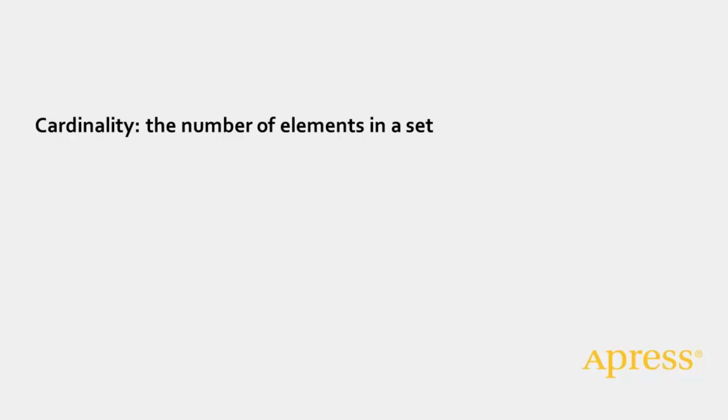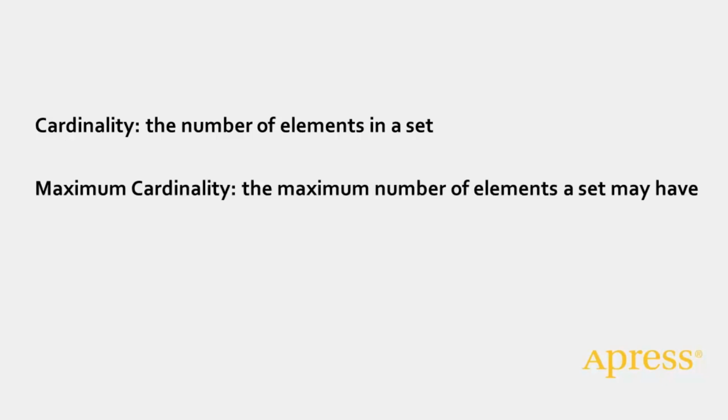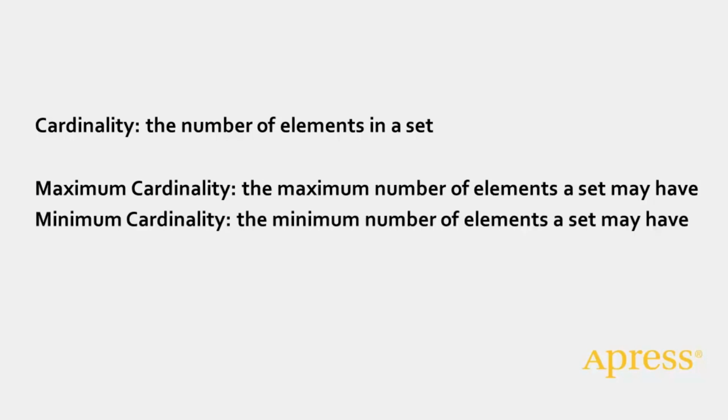Relationships have two important properties: maximum cardinality and minimum cardinality. Cardinality refers to the number of elements in a set. Thus, maximum cardinality refers to the maximum number of elements that a set may have, and minimum cardinality refers to the minimum number of elements that a set may have. In many cases, the specific number of elements does not make any difference in the model.